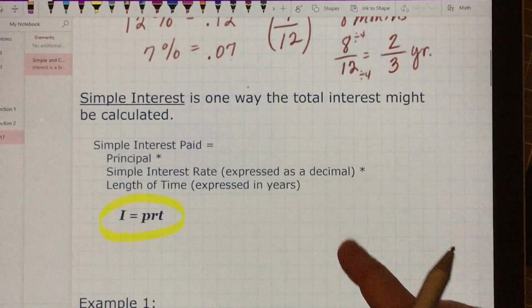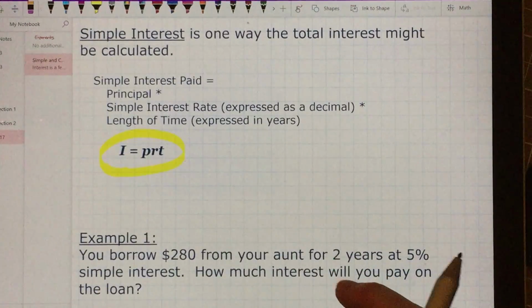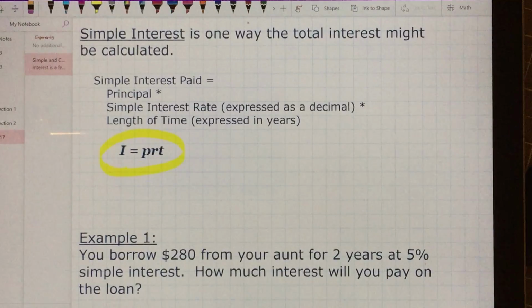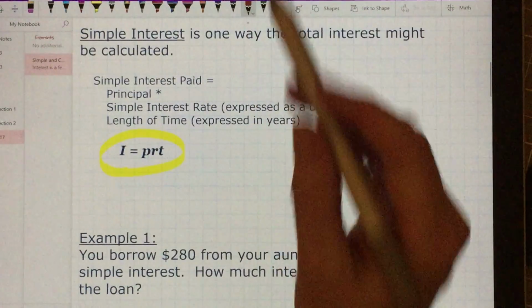So let's take a look at how we're going to use this formula. In example 1, you borrow $280 from your aunt for 2 years at 5% simple interest. How much interest will you pay on the loan? Well, that's great. We have this formula.